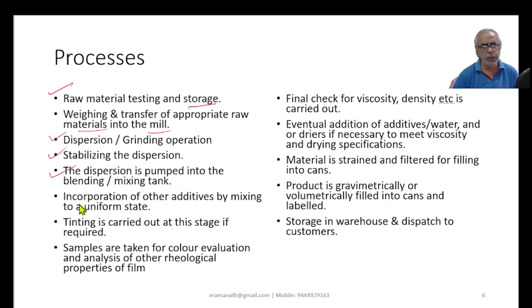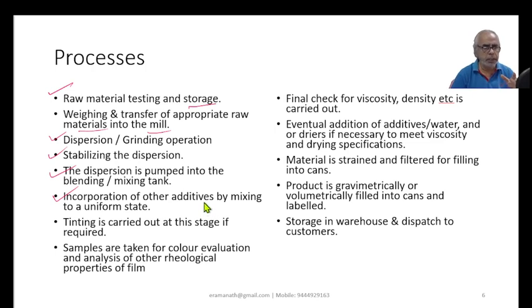Then we need to incorporate other additives, using proper additives or suitable agents, and these additives are added in small quantities to provide a particular property to the paint. For example, if the paint is too thin, we need to use a thickening agent.